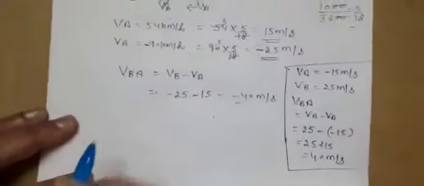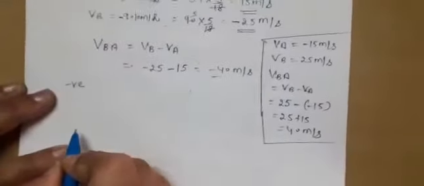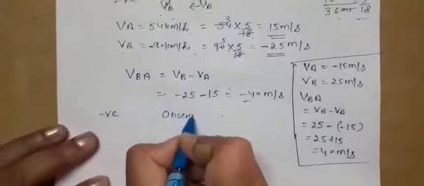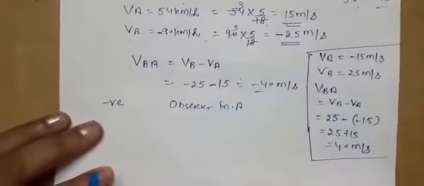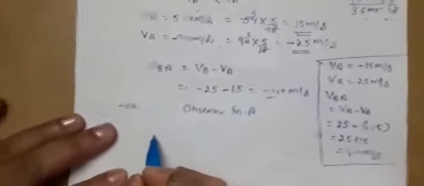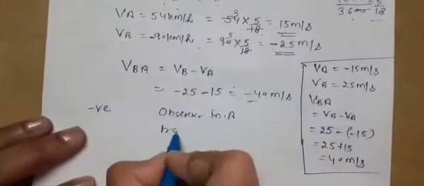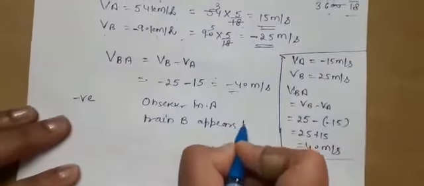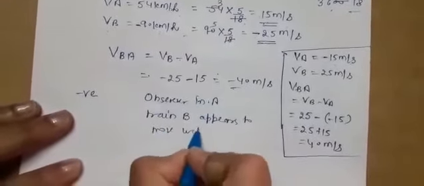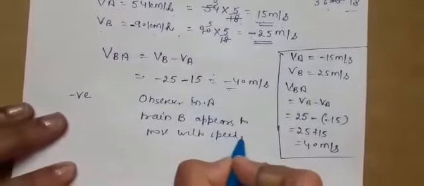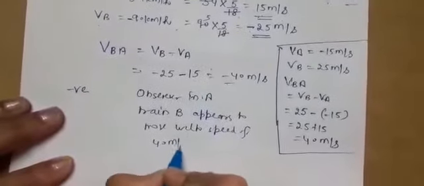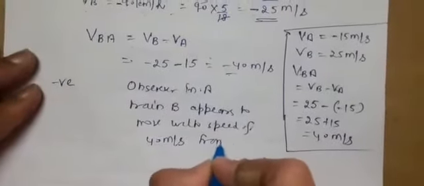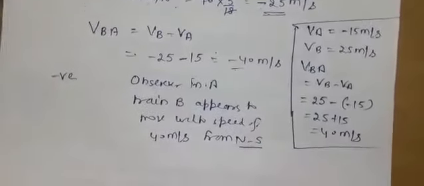Now, as per this, the negative sign indicates that to an observer in A, that is in train A, train B appears to move with a speed of 40 meter per second from north to south direction.